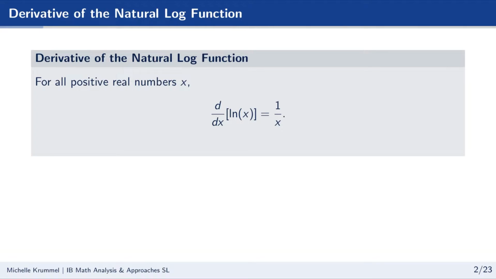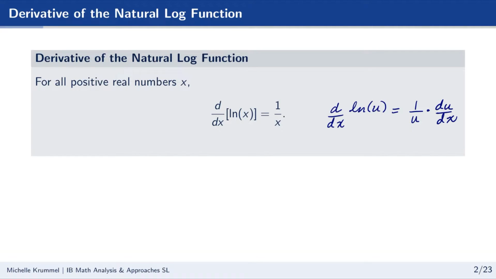Now if we have the natural log of anything other than x, we're going to need to use the chain rule. So in general, if we want to find the derivative of the natural log of u with respect to x, that is going to equal 1 over u times du dx.